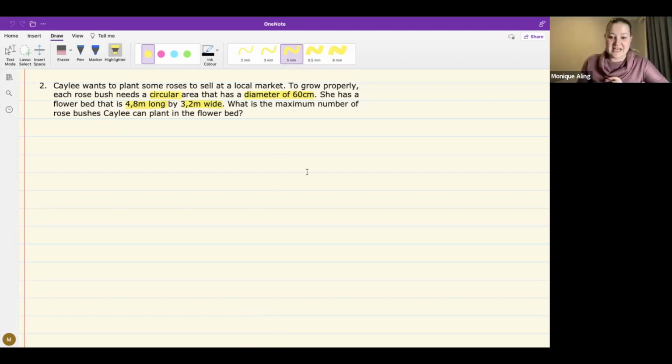I see Caleb's given us an answer. Let's see everyone else's answers. What is the total number of rose bushes we can plant in this garden bed or flower bed? Okay, so I'm seeing different answers. Let's see if we've got any more. Don't be discouraged.